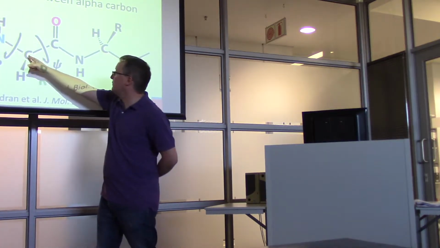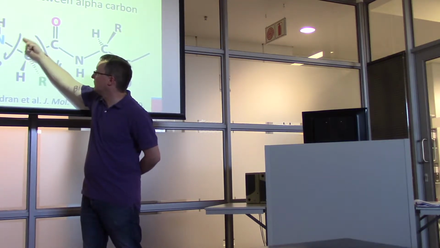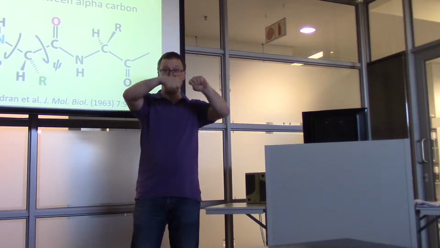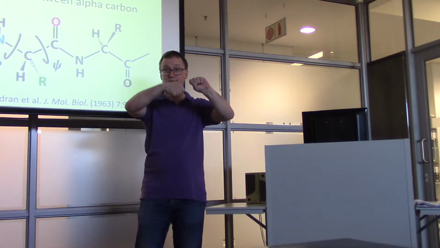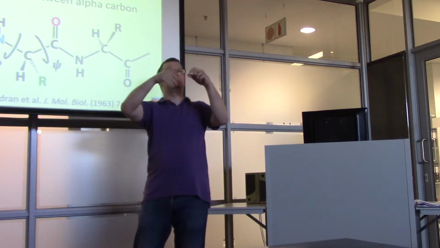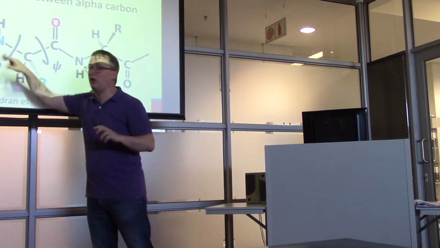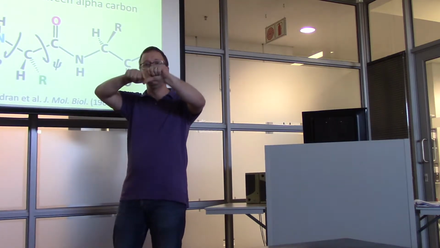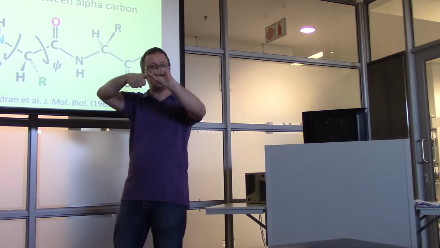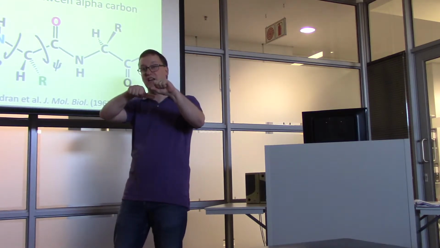So the alpha carbon and the nitrogen are separated by this bond, and between them, we have the ability to rotate this bond. If you make the toys up with the little molecular models, you can just spin that to your heart's content. It's a lot of fun, actually, to build these things. So we call the angle that this amino acid has between its nitrogen and its alpha carbon the phi angle.